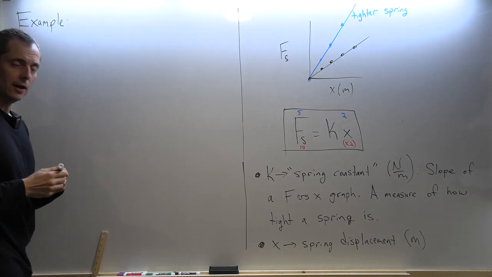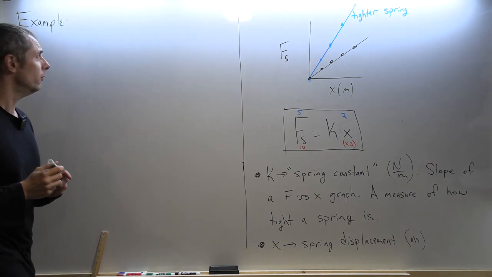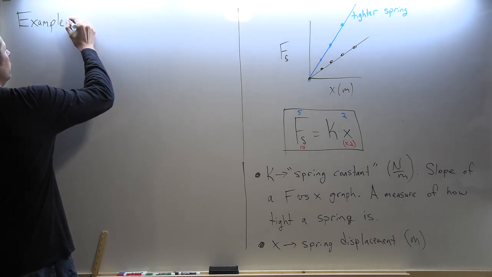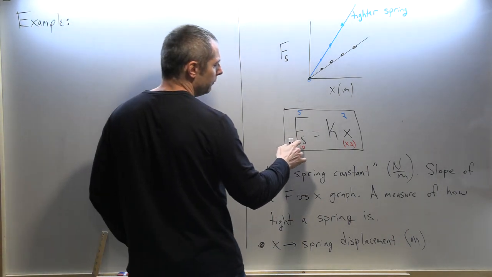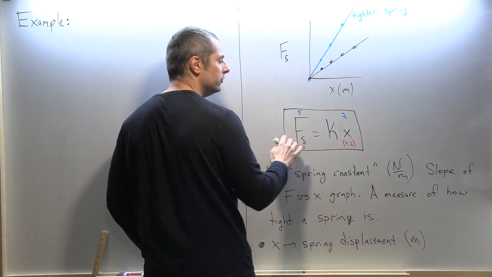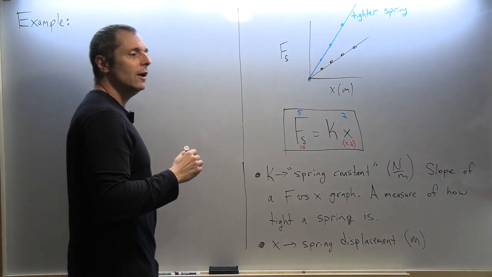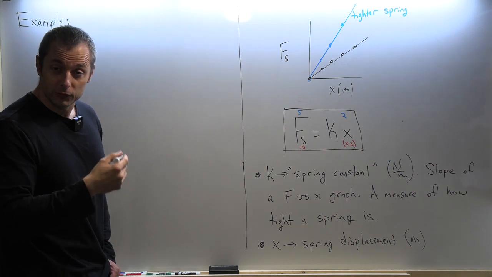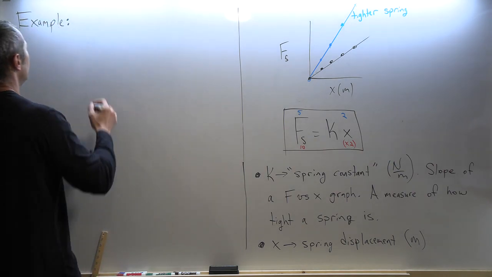Okay, this is going to be about as hard as it gets with the spring force problems, because usually it's a pretty straightforward calculation. You're given 2 of these and then you have to solve for the third. But they could throw in a few extra curveballs, like in the following example.